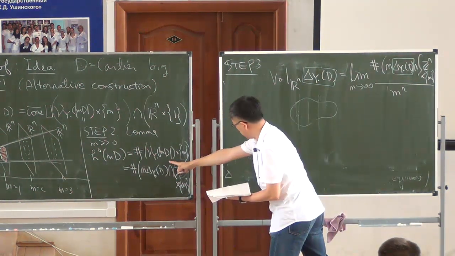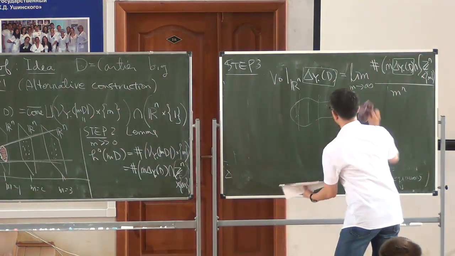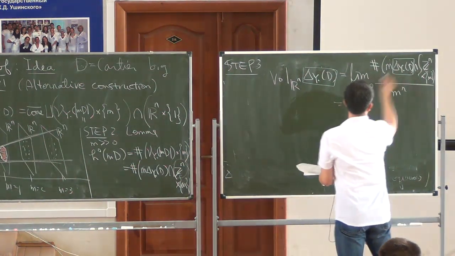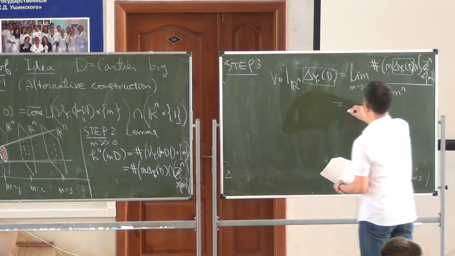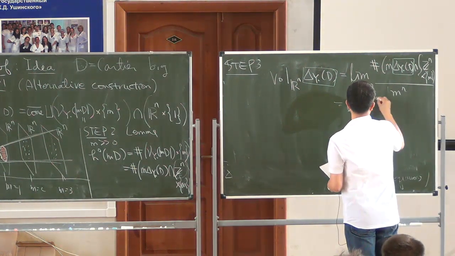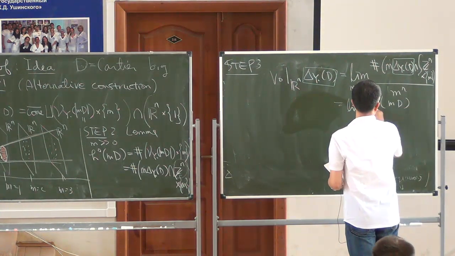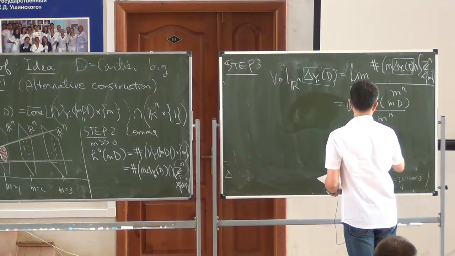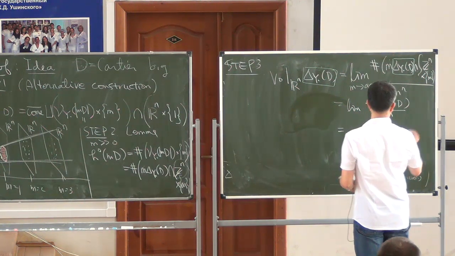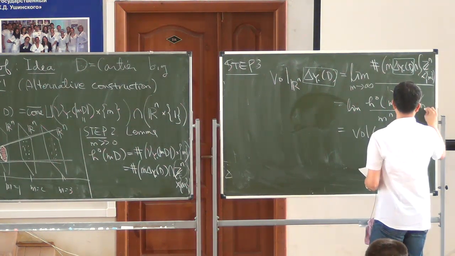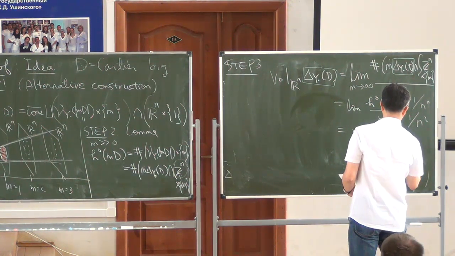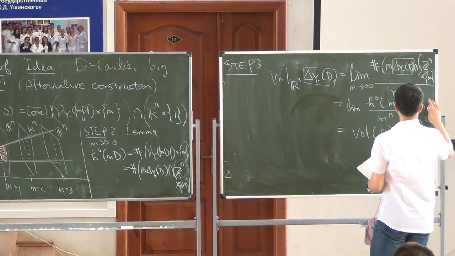But in step 2, this part is actually equal to H0 of mD, and this is the volume of D. So because you have to divide by n factorial.